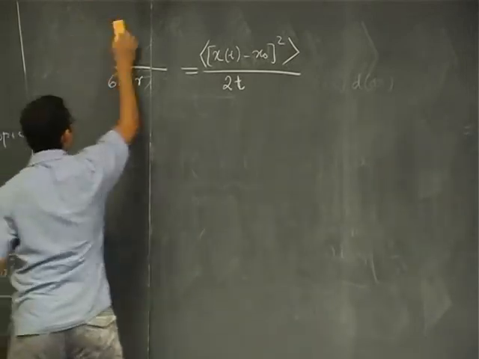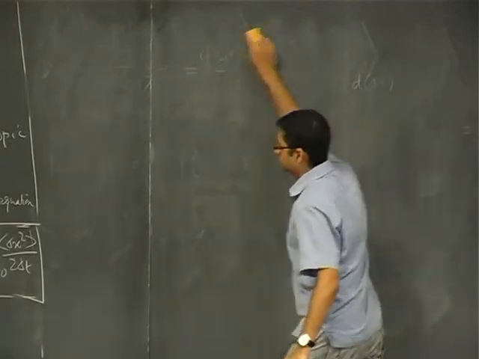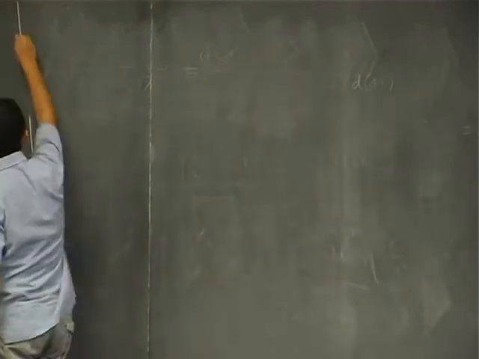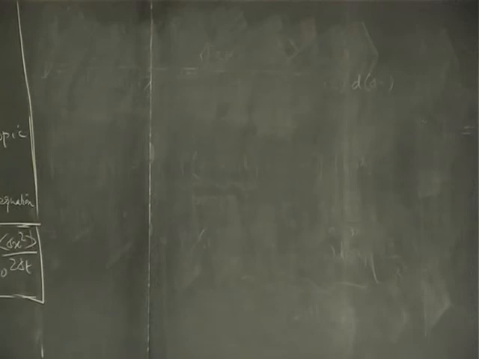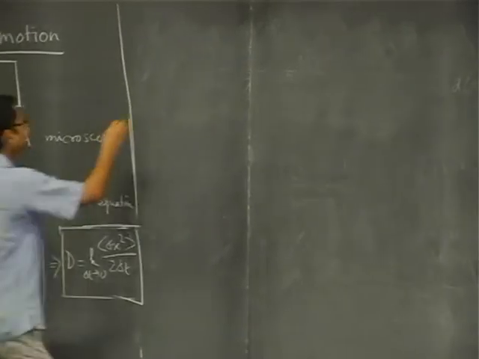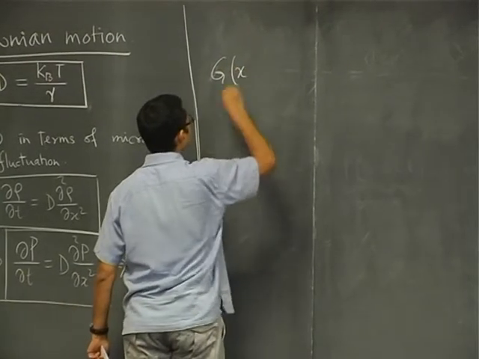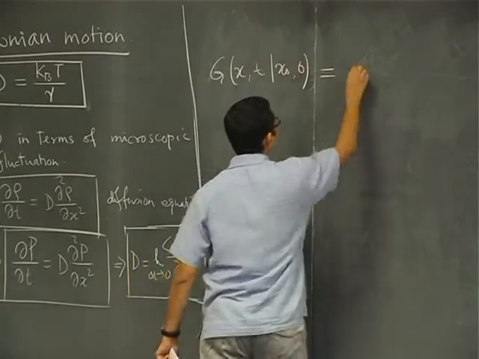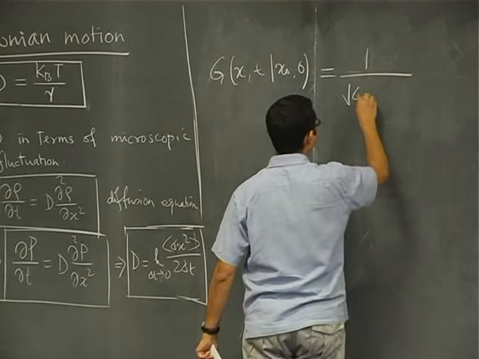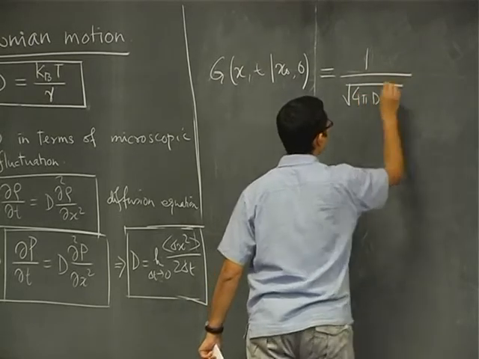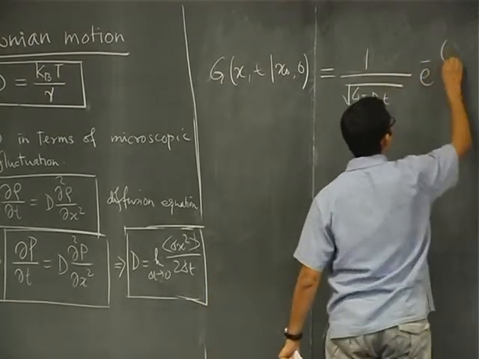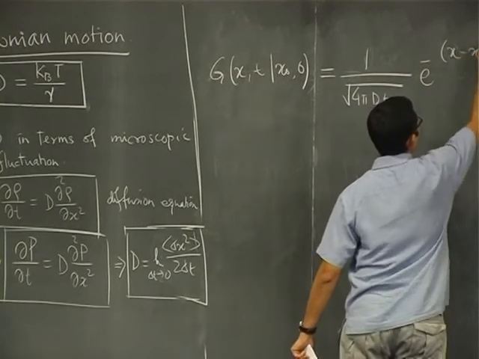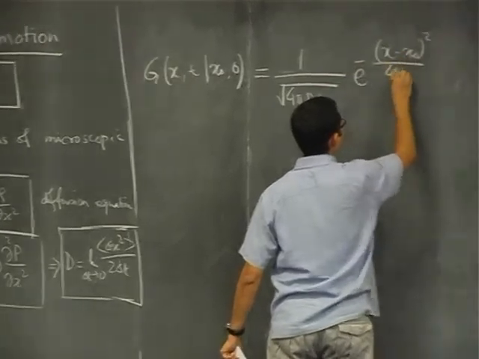So what is the solution of this equation? Last time we saw this expression. So I am just writing it now. G of x, t, x0, 0 is equal to 1 over square root of 4 pi D t, exponential of minus (x minus x0) whole square by 4Dt.